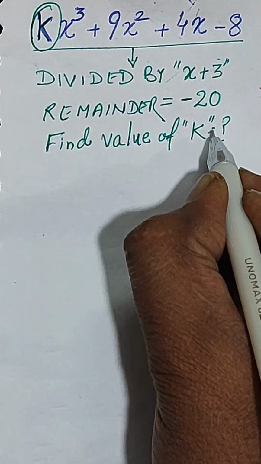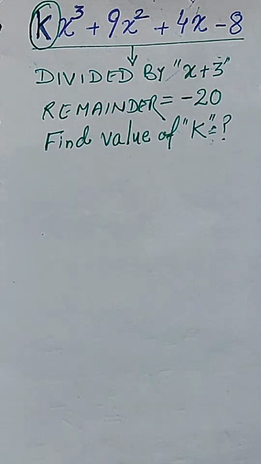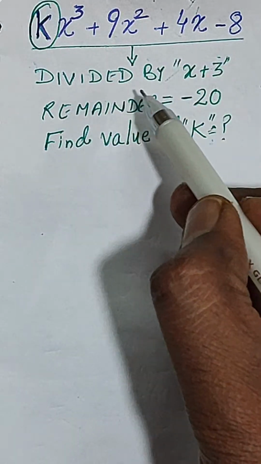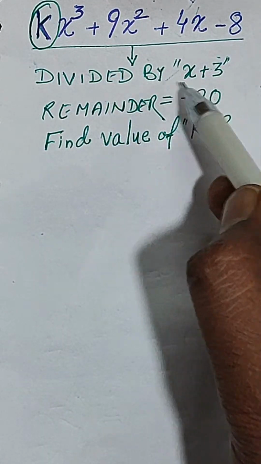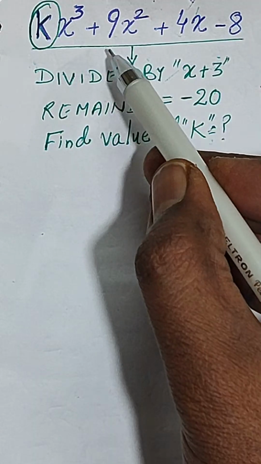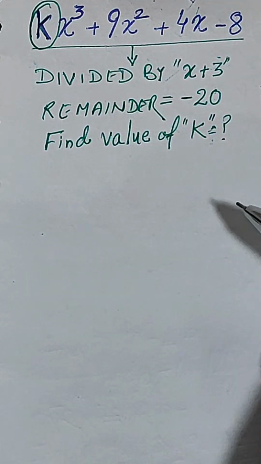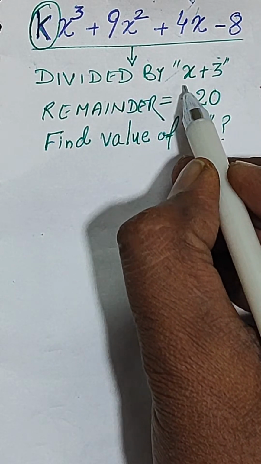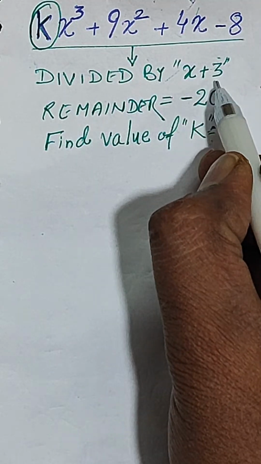To solve such a question, students, don't try to divide. It's just given that this expression is divided by x plus 3. So don't try to divide it completely because it will become tedious, right? So I'm just telling you a trick. Suppose it's given divided by x plus 3.